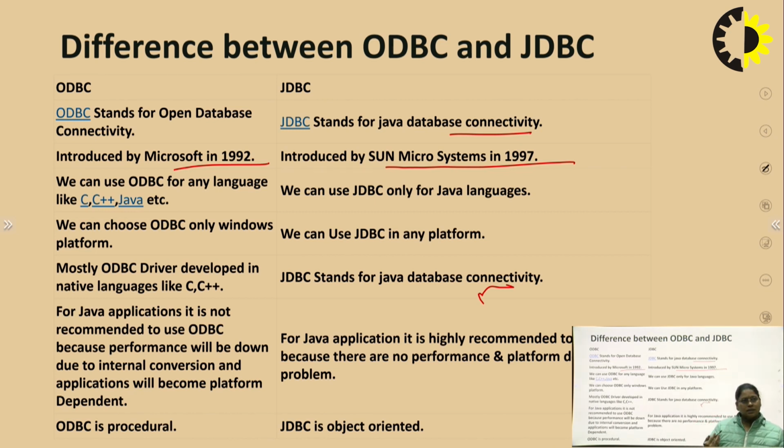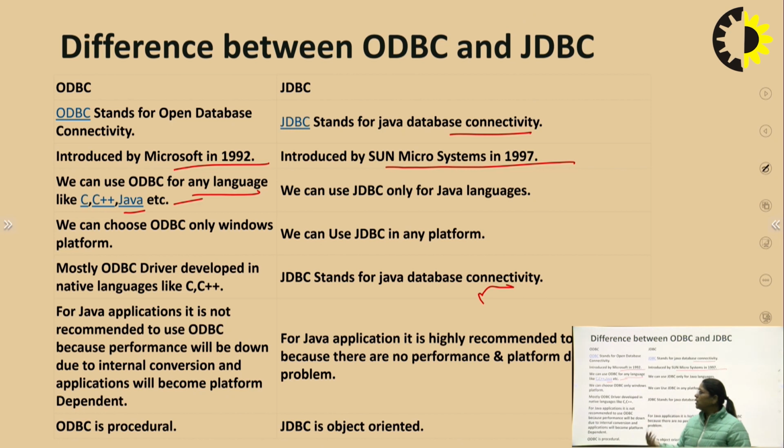It came later, after ODBC, because there were certain problems in ODBC. That's why there was a requirement for another technology, so Sun Microsystems developed JDBC.